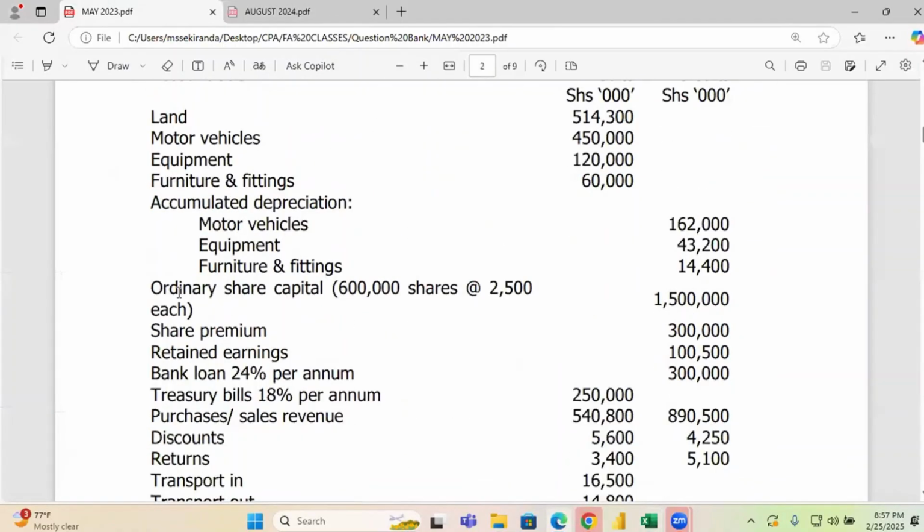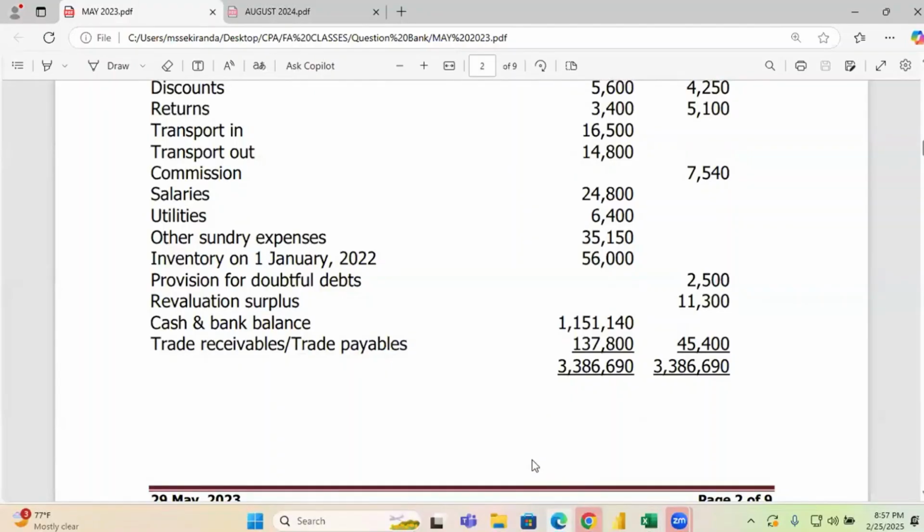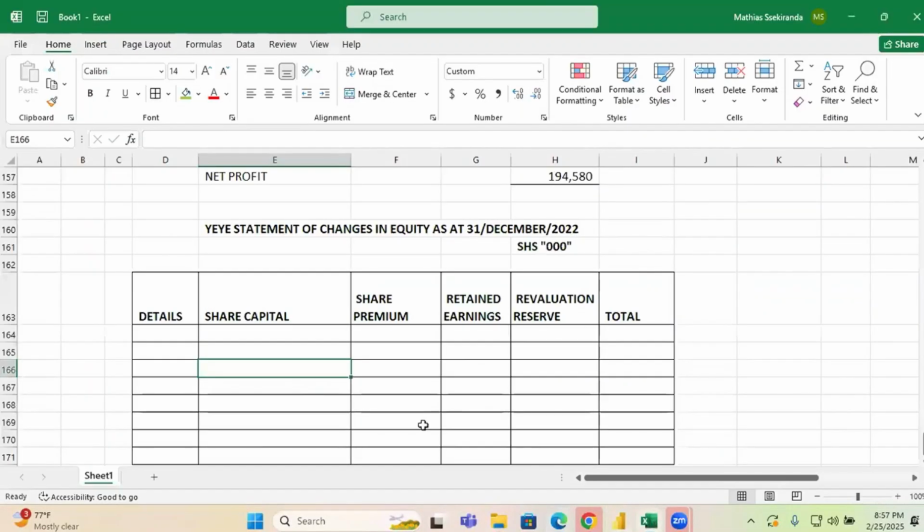But from our computations, we also have a revaluation surplus, which goes to the revaluation reserve. You may also find a number that has other reserves, and each reserve should have its own column.